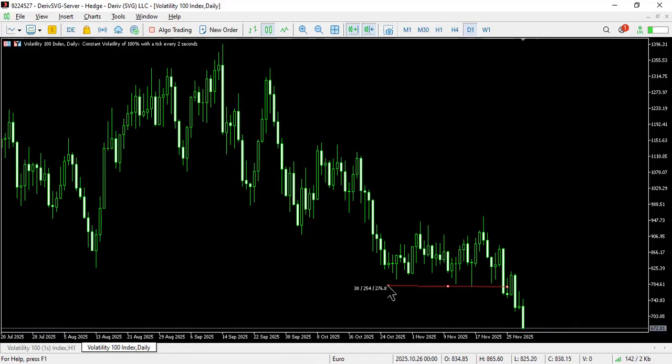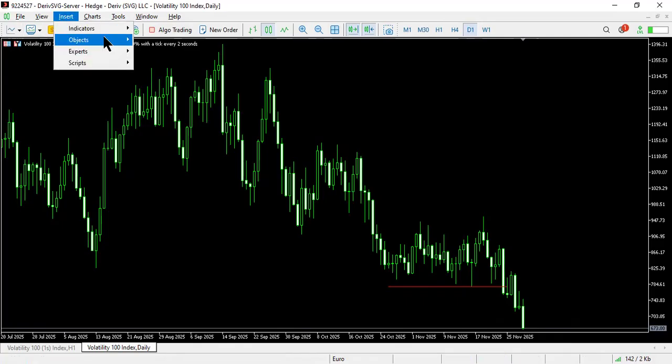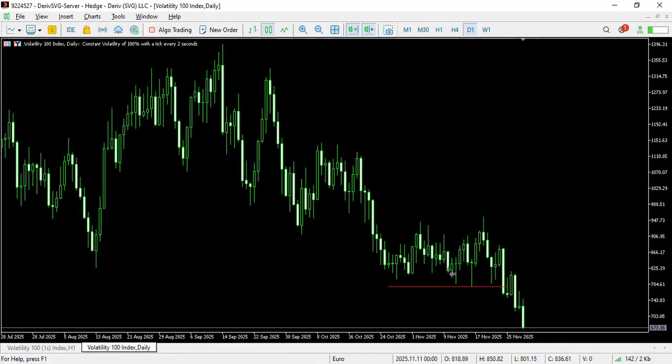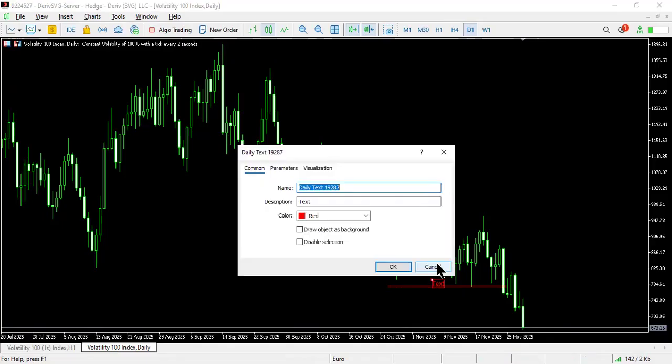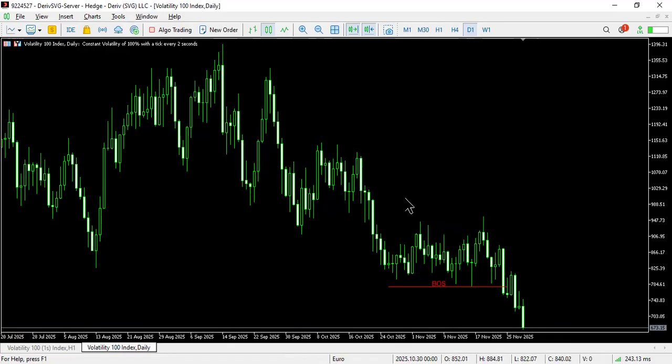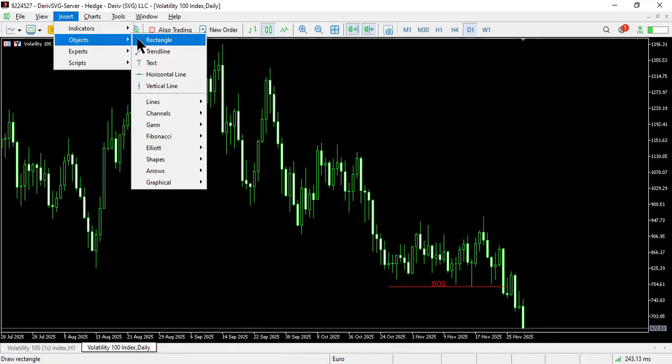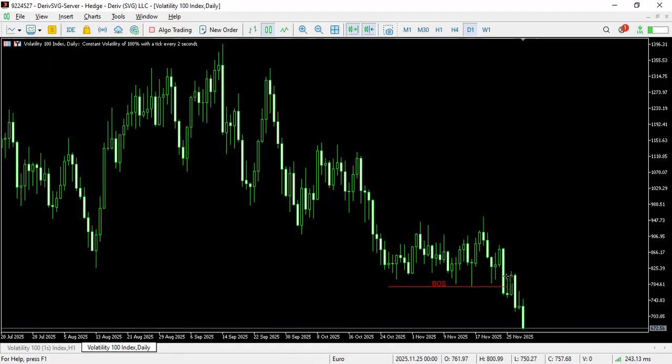I can see a break of structure here. So that is a break of structure. That is a break of structure, and then the order block which caused that break of structure is that one from the daily time frame.